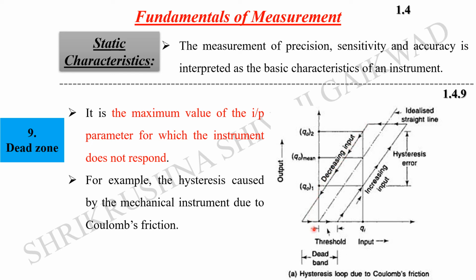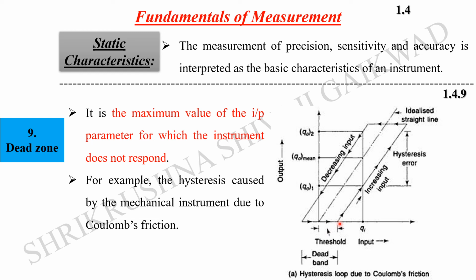Even if the input becomes 0, it is still showing a reading in the opposite direction, and this is what we can get. So the region between these two is nothing but the dead zone, and this is the threshold. Threshold is nothing but the value below which the instrument is not at all responding.